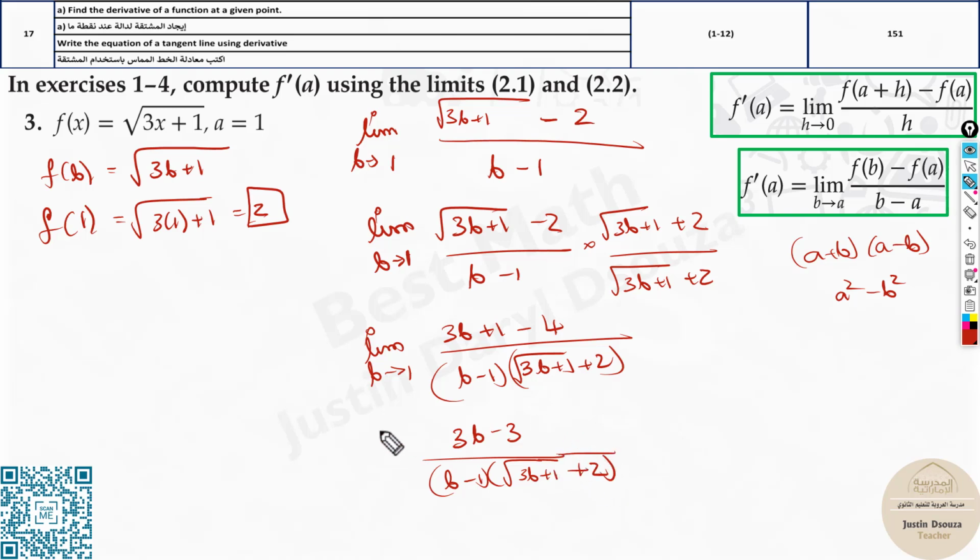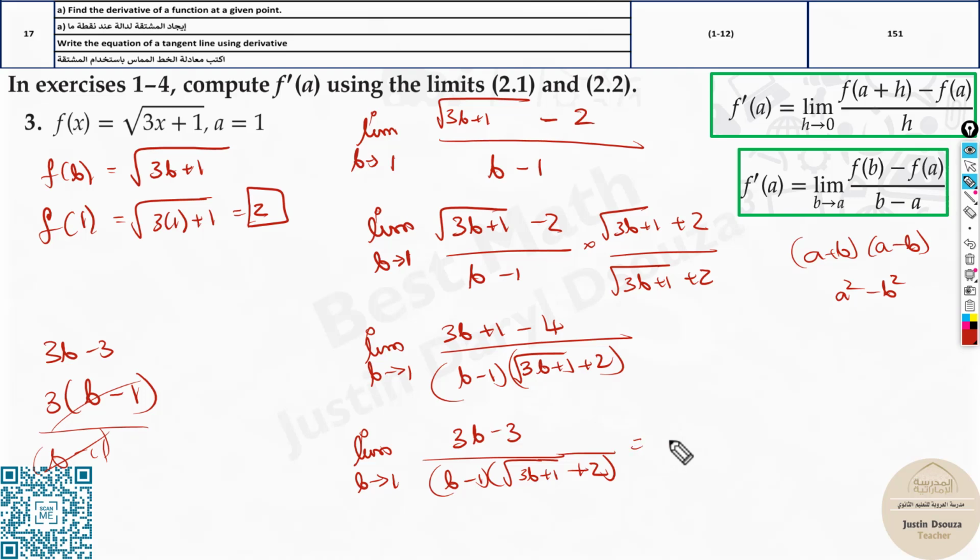This is all multiplied. And the limit as b tends to 1. Even now you can't apply the limit of 1. Why? Because it's undefined. 1 minus 1 is 0. In the denominator we cannot have 0. But look over here in the numerator. We have 3b minus 3, which can be, we have done this before, 3 can be removed out, distributive property, and you're remaining with b minus 1, isn't it? Now down we have again b minus 1. Now we can cancel those terms.